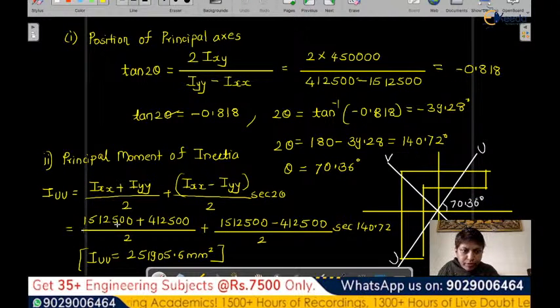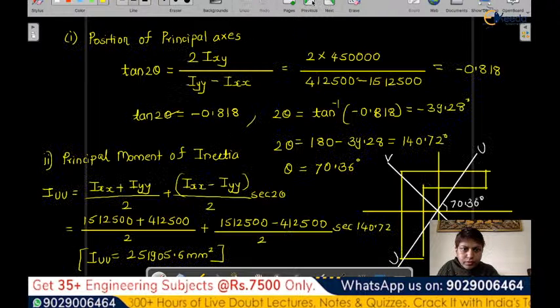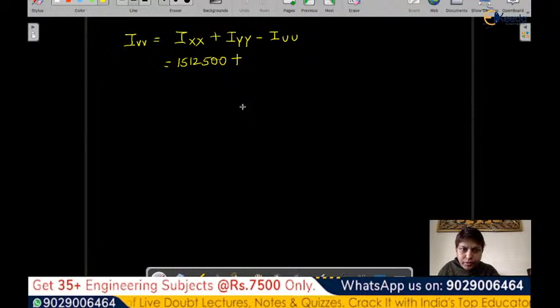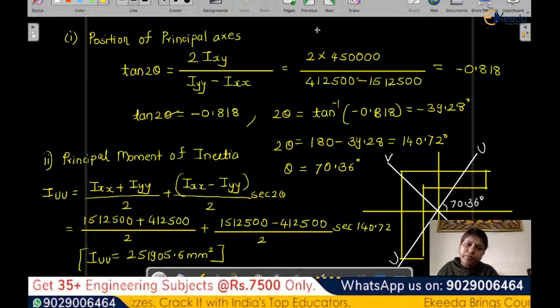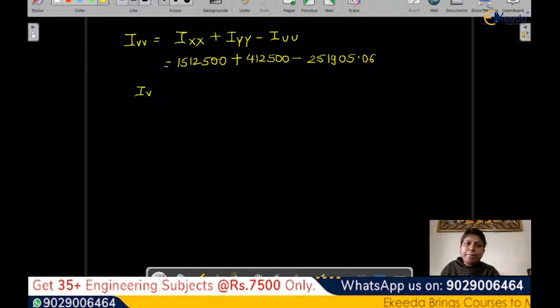Ixx was 1512500 plus Iyy was 412500 and Iuu the recent value 251905.06. Just see how much answer you are getting. So the Ivv answer is 1673094.